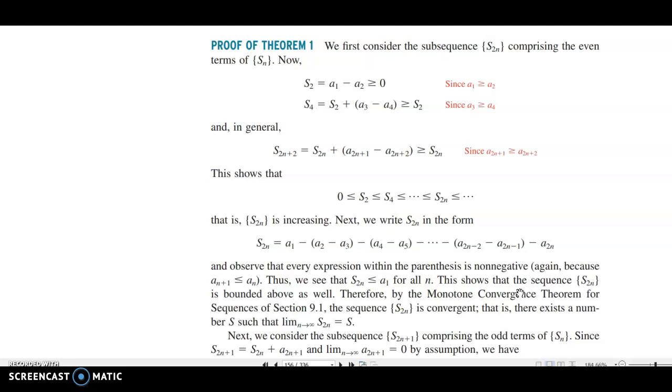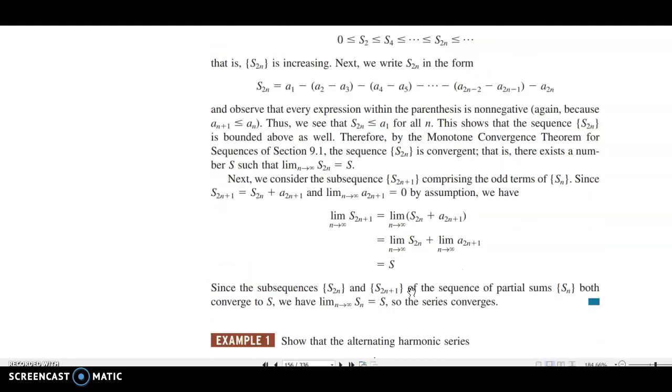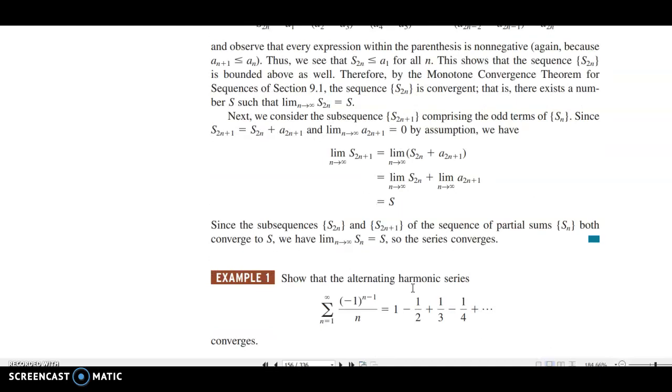That is, the sequence is bounded above. So S_2n is bounded above and is an increasing sequence, and by the monotone convergence theorem it is convergent. Let it converge to S.